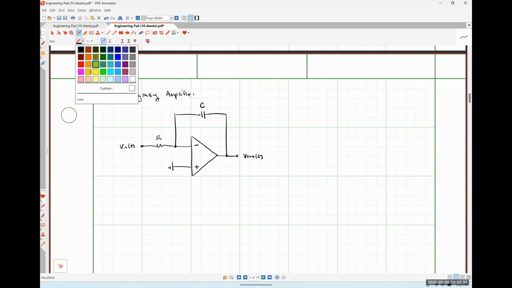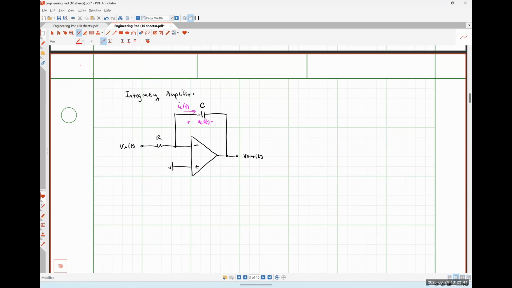I'm going to define the voltage drop across my capacitor once again with positive polarity on the left, and my current flowing into my capacitor IC will be flowing into that positive polarity terminal.